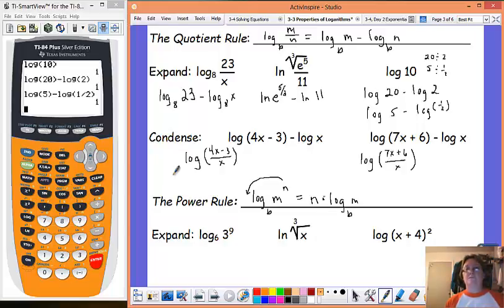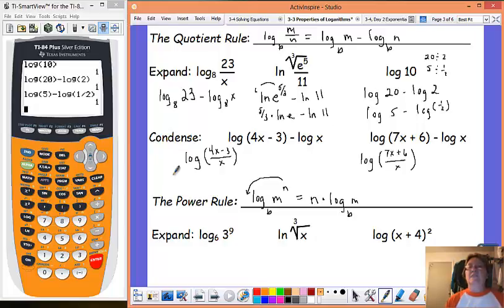Okay, power rule. If you think about that for just a hot second, we could have done a little bit more simplifying up here because we have a number raised to a power. So if we were going to finish out this problem, that 5/3 would come out to the front, and we would be looking at 5/3 times the natural log of e minus the natural log of 11. And some of you are going to be saying, but wait, there's more.